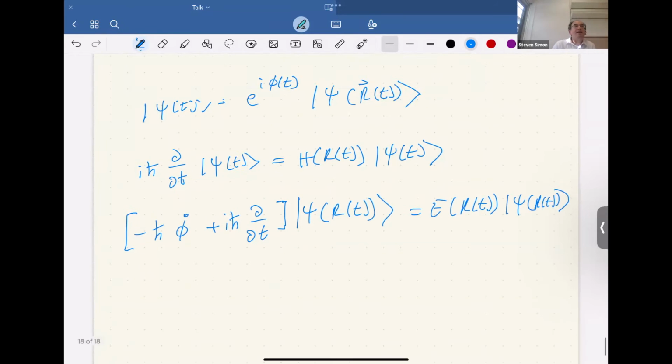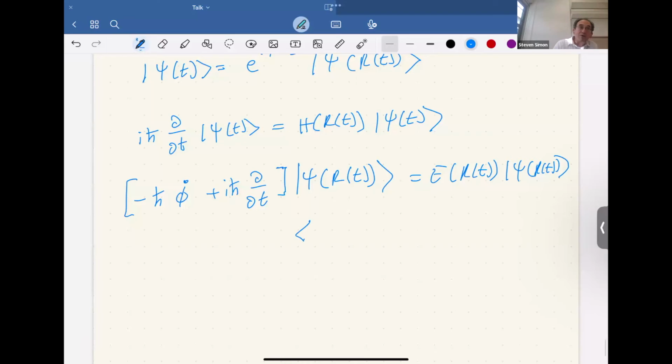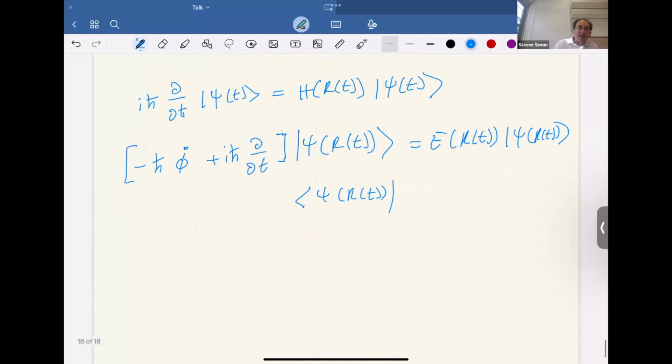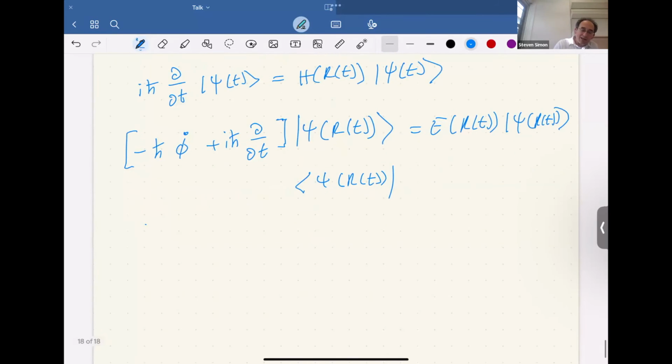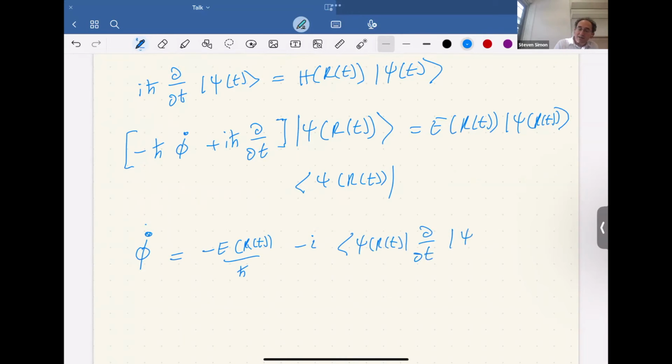Then we close it up with psi of R of t on the other side. What we get is phi dot equals minus E of R of t divided by h bar, minus i, and this is the interesting part, psi of R of t, then d/dt psi of R of t.